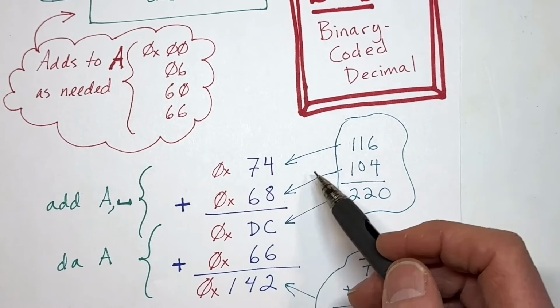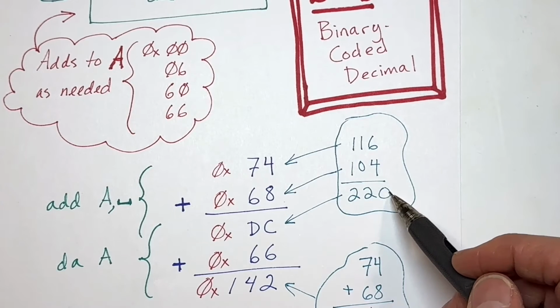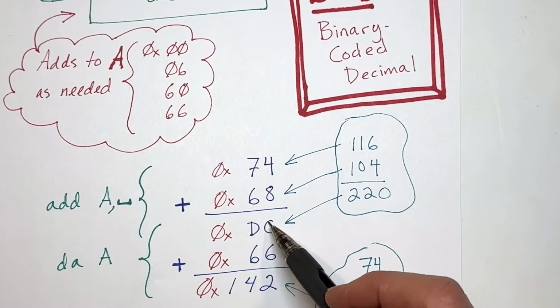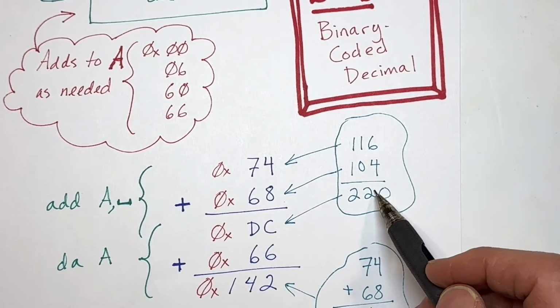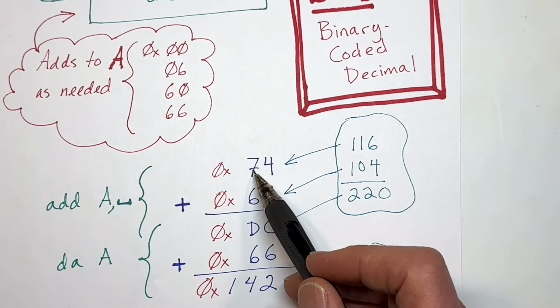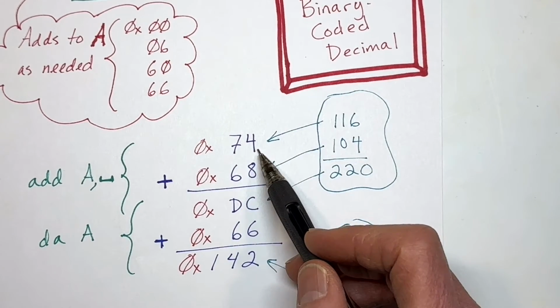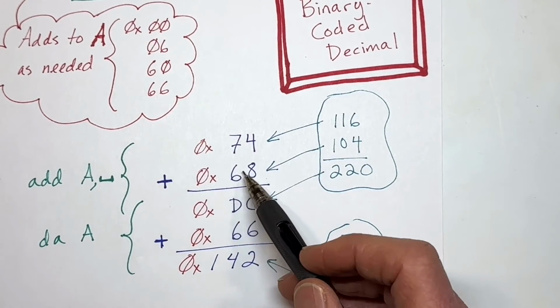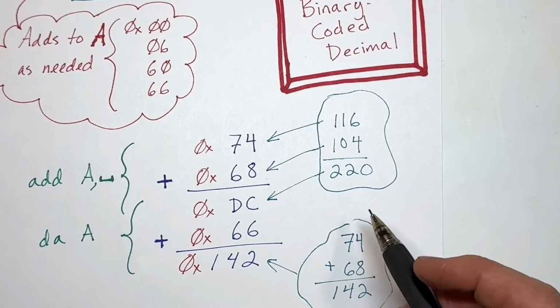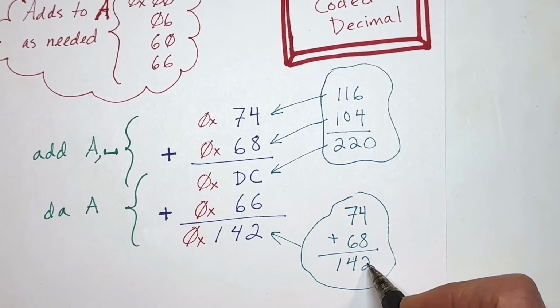Hex 68 corresponds to 104, and if you were to add these two things, you'd get 220, which is what hex DC corresponds to. But with binary coded decimal, we interpret hex 74 as the number 74 in decimal. Okay, we interpret hex 68 as the number 68, and then when you add them together, you would get 142.